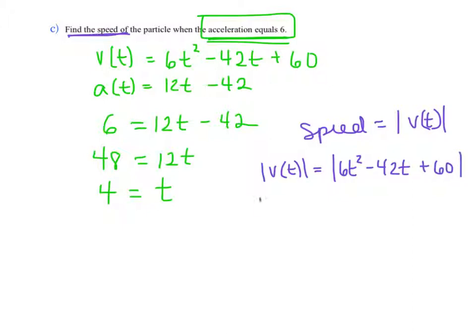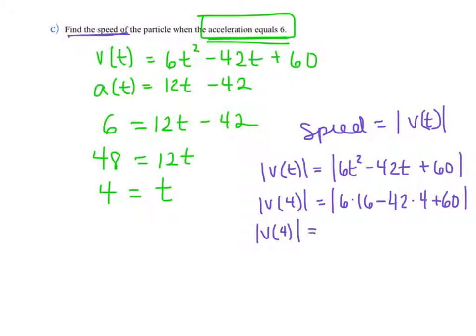And I'm going to find that when the time is 4. So that would be the absolute value of 6 times 4 squared, which is 16, minus 42 times 4 plus 60.